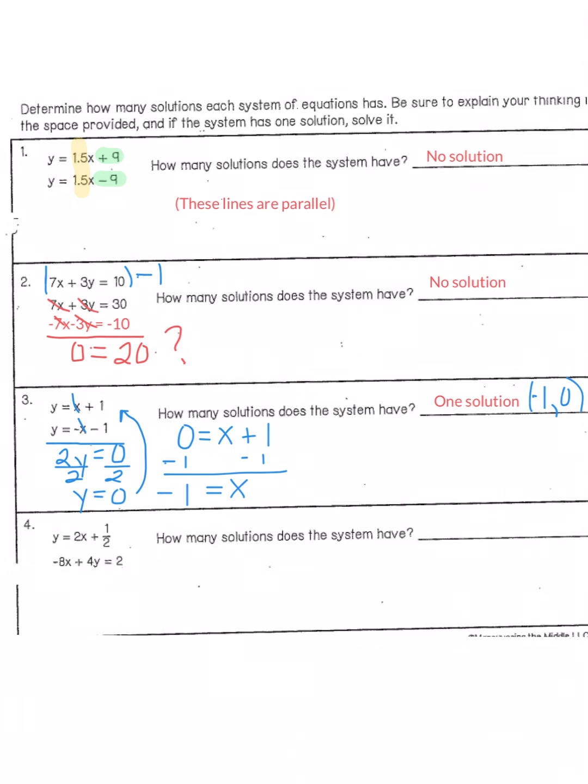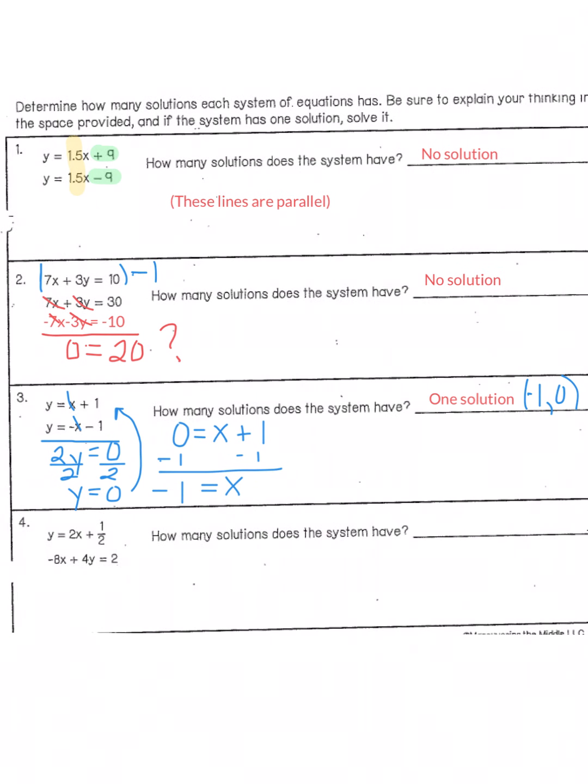So what I did was I replaced the y with 0, and I wrote 0 equals x plus 1. Then I subtracted 1 from both sides to get the x by itself, and x equals -1. So in my ordered pair, my x is -1, my y is 0. So my solution is -1, 0.